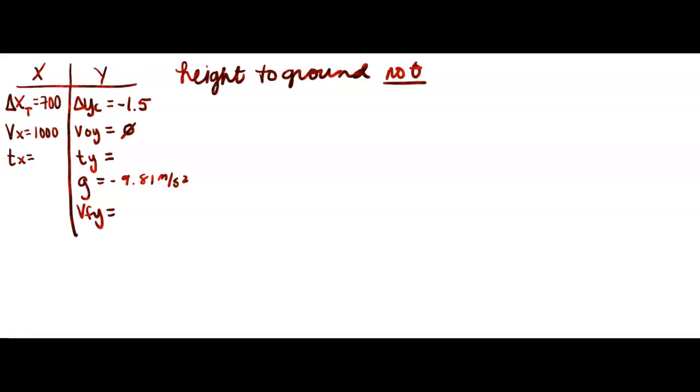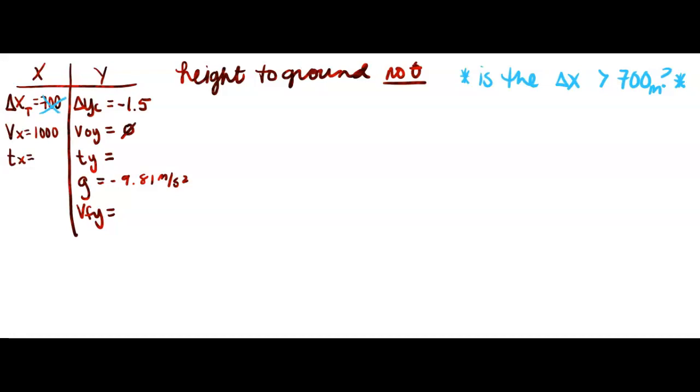So our goal here, we're trying to figure out if it reaches the target. So the best way to do this is to figure out how far it's actually going to travel. So we're trying to see if the delta x is greater than 700, if it's less than 700, or if it's equal to 700. So depending upon what that information is, that's going to tell us whether or not we hit the target, and then we can solve from there how far we actually will hit said target.